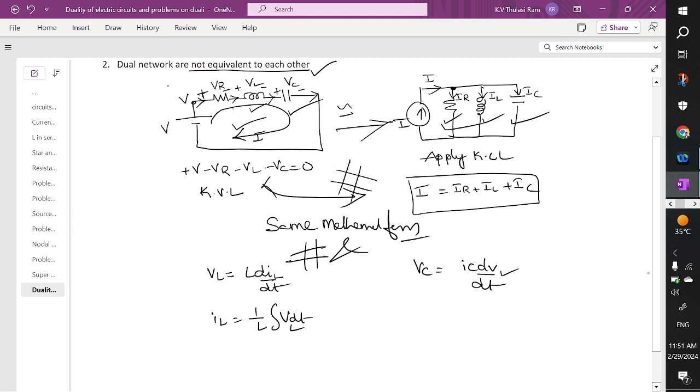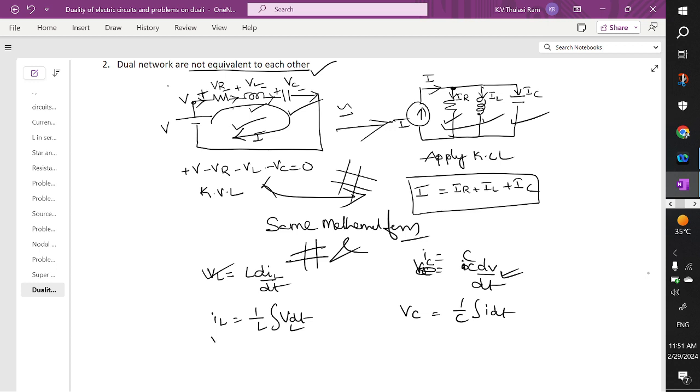And if you want the voltage across the capacitor, V equal to 1 by C integral of I dt.